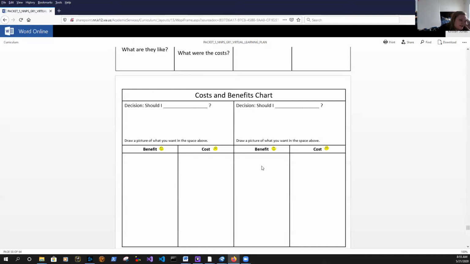And do the same thing for this item. Make a list of things that are good or could be a positive of you getting this item, and list the negatives or the bad things that could come of you choosing this thing. And then look at your lists and see which item has more good things about picking it, and that should be the thing that you pick to spend your $10 on.